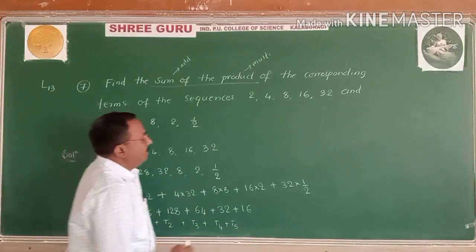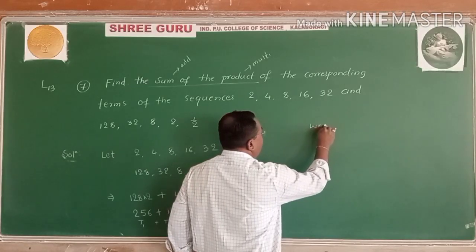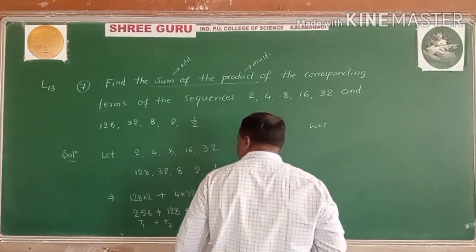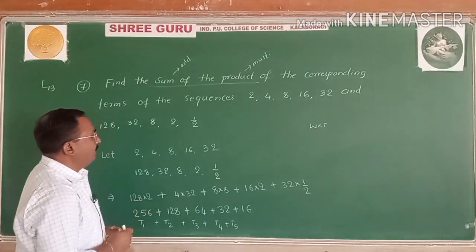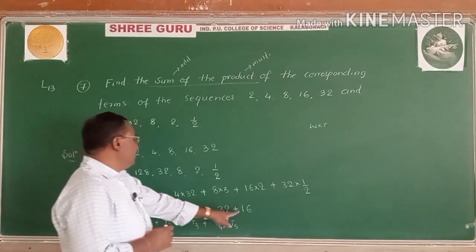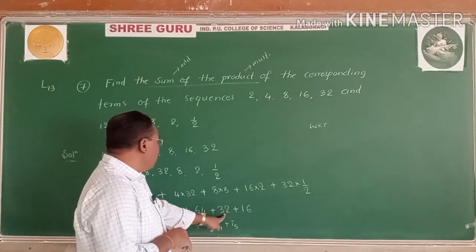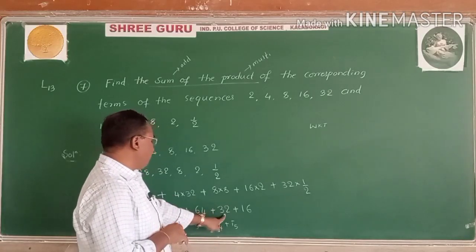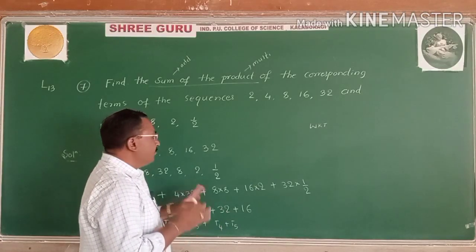Sum, Sn. We know that the corresponding series is in the form of AP or GP. Here 64 divided by 128 is 1 by 2, 32 divided by 64 is 1 by 2.